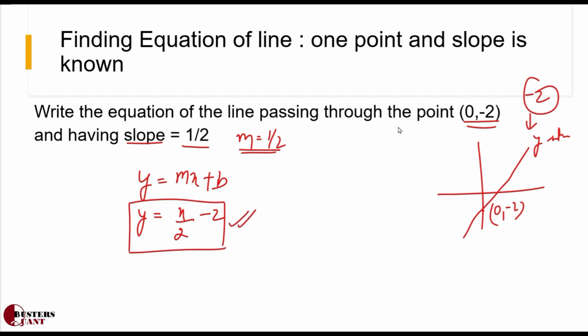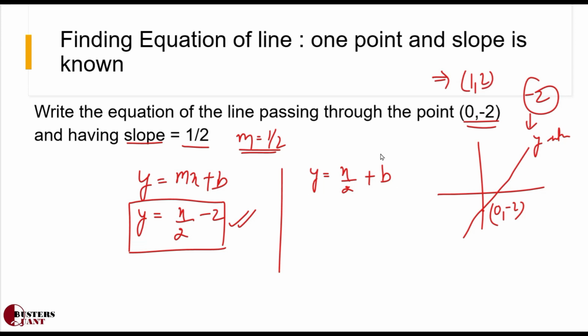In this question, they have directly given the y-intercept. Suppose the point is not (0, -2), it is (1, 2), for example. This is a different question, I am making it right now. In that case, the equation of the line will be y = mx + b, which is y = x/2 + b. Here we do not know the value of b, but we know the point (1, 2) is on the line.